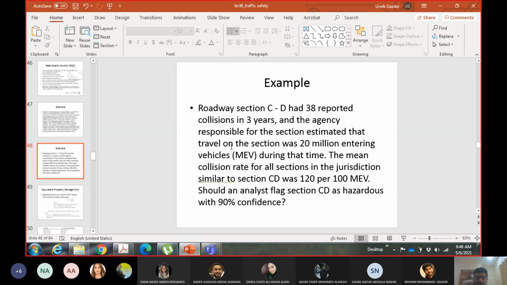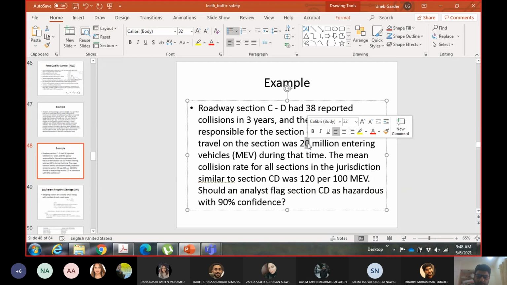This is another problem for the same method, so let us do this as well. We have a section, 38 collisions in 3 years. Estimated travel on this section is 20 million, so they have already given me the value in million entering vehicles.